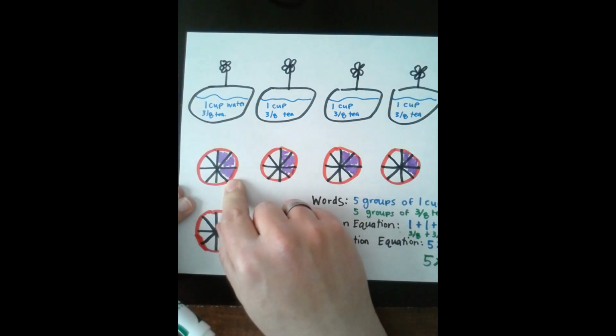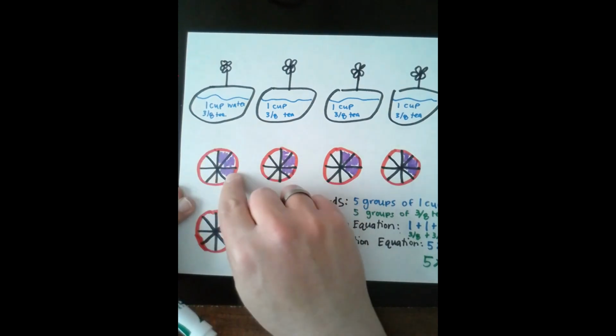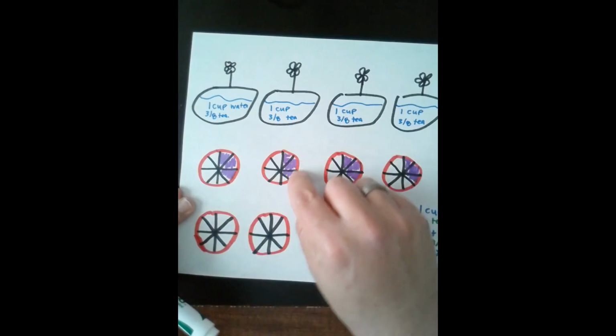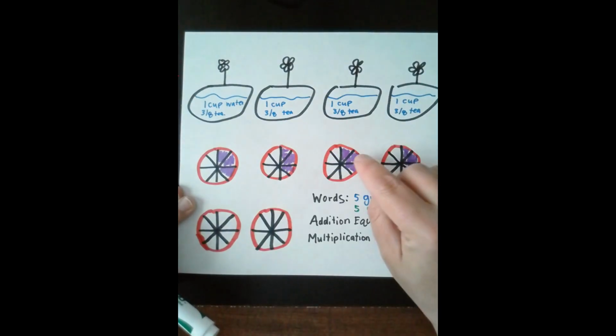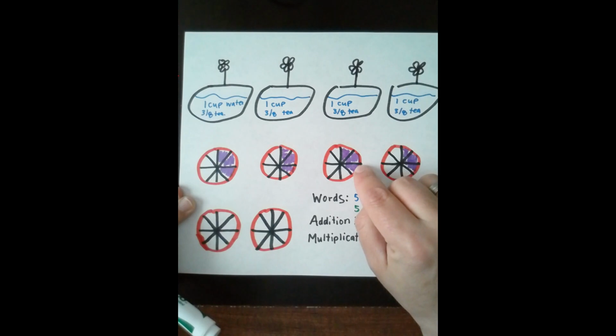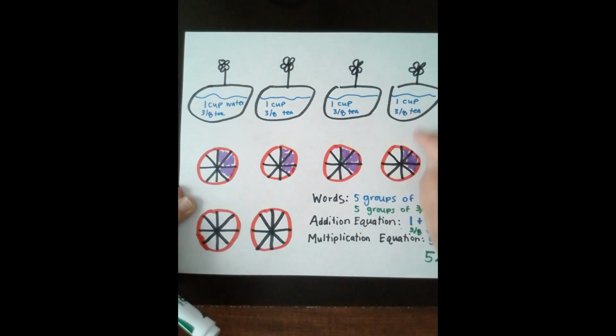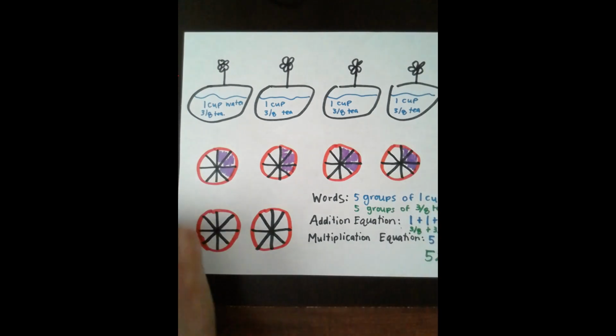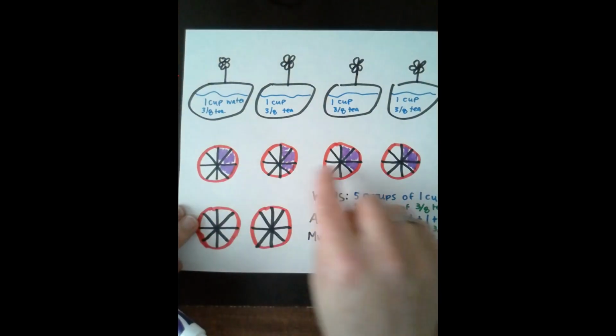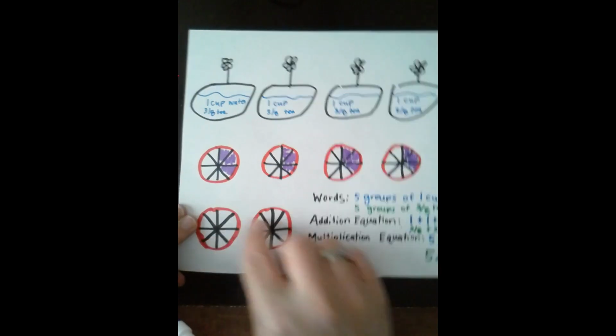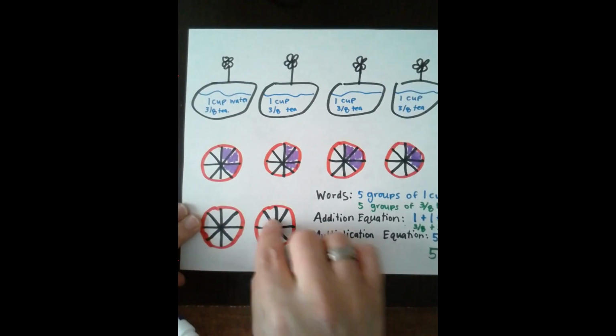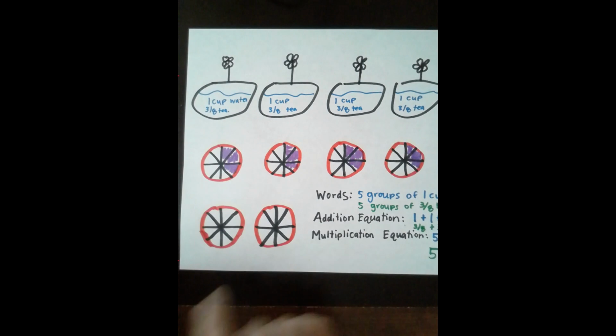Okay, so here we go. So this is one group of 3/8 plus another group of 3/8 plus another group of 3/8. So that's 3 groups, right? And 4 groups of 3/8, 5 groups of 3/8. So what I'm going to do is count how many eighths I have, and put them into the circles down here to see what our answer is.